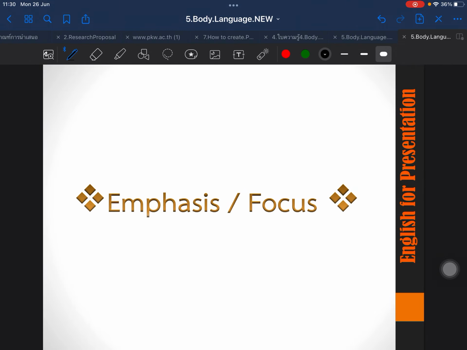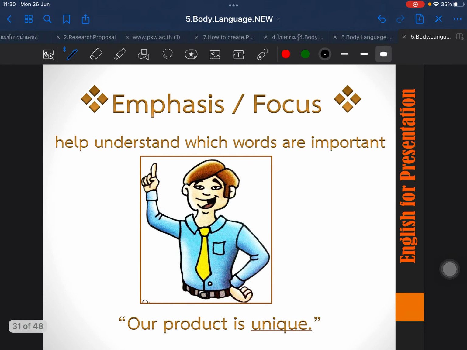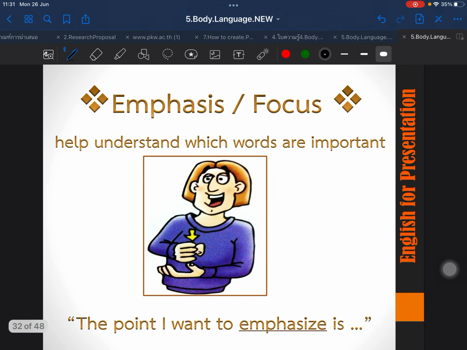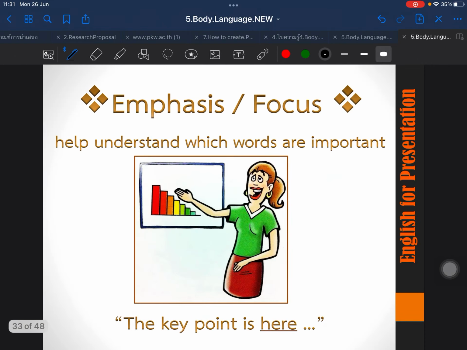Let's move on to the second topic, that is about emphasis and focus. So as you can see, if we want to focus or emphasize that we are number 1, we are unique, you can show the finger, okay? If you want to say this point is very important, this point is emphasized, things like this, you just make a fist and bang on your palm like that.